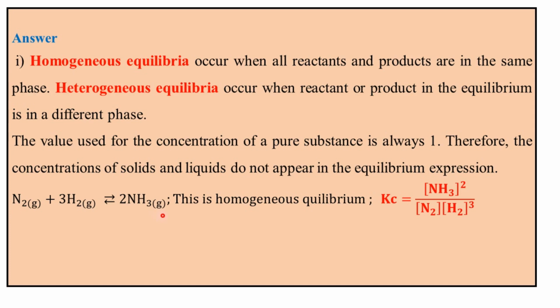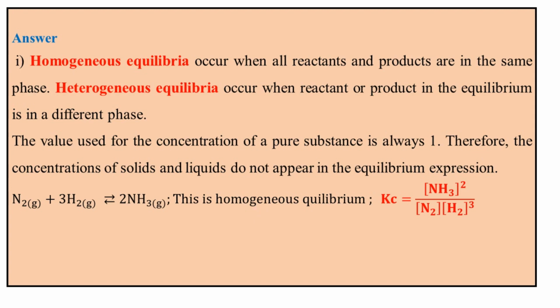The product is also in the gas phase. We have ammonia, which is the product, also in the gas phase. Because the reactant and the product are in the same phase, in this case we have homogeneous equilibrium.